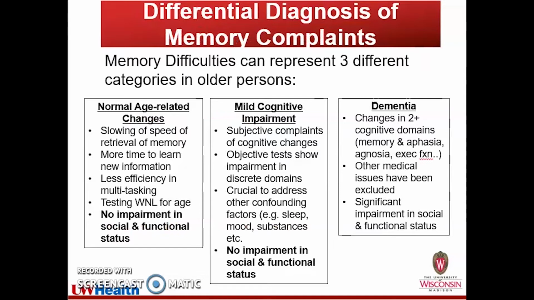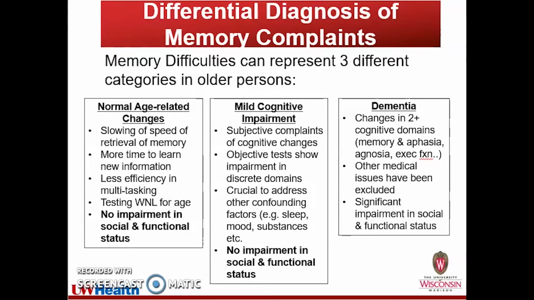When we think about patients who have a memory complaint, it's important for us to divide them up into different categories or buckets, if you will, because they don't all have the same trajectories or the same prognosis. All of us will, starting at about age 30, develop some type of age-related inefficiency in our memory. This slowing of the speed of pulling out information, possibly the increased difficulty with learning new information, as well as the ability to divide attention or do what we call multitasking.